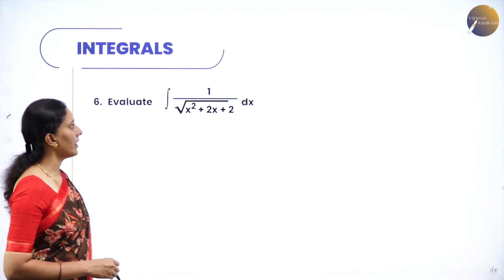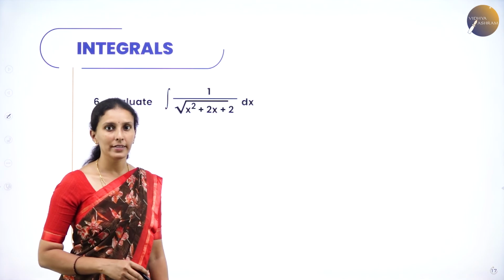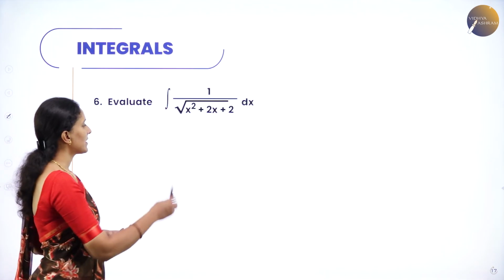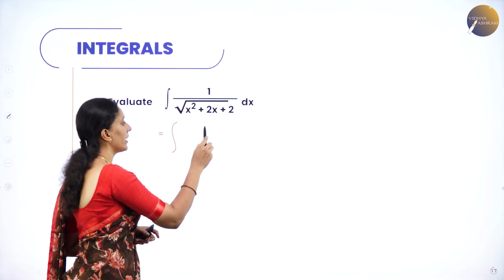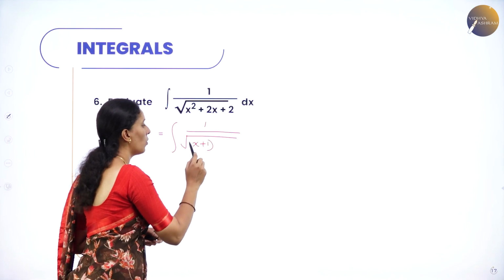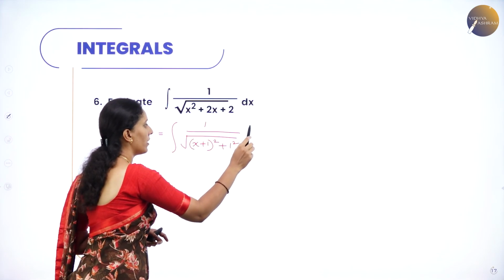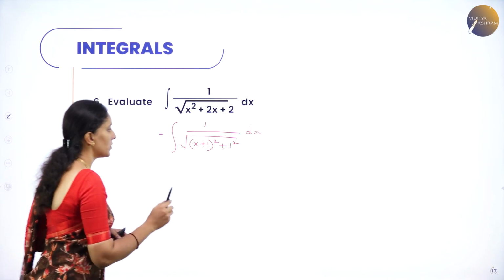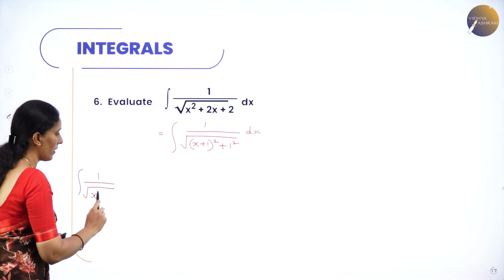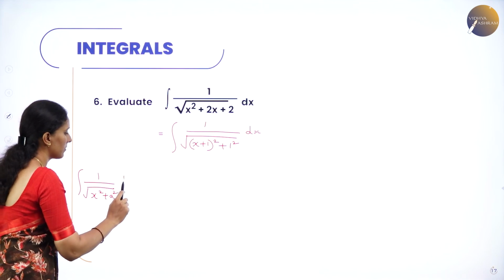Next one, evaluate 1 over the square root of x square plus 2x plus 2 in the denominator. Now this can be simplified in the form of the integral of 1 over the square root of (x plus 1) whole square plus 1 square with respect to dx. What is the formula for 1 over root of x square plus a square dx?